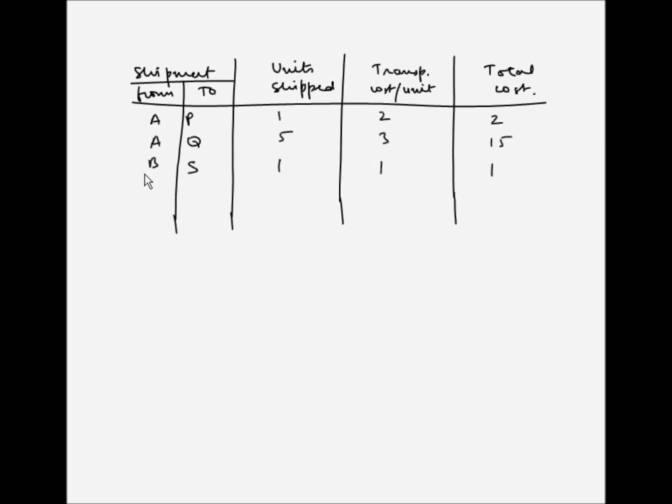Next allocation is C to P, unit shipped is 6, unit cost is 5, 5 6s are 30. Next allocation is CR, unit shipped is 3 and transportation cost is 15, 15 3s are 45. Next allocation is CS, units shipped is 1, transportation cost is 9, the total is 9 multiplied by 1 is 9.